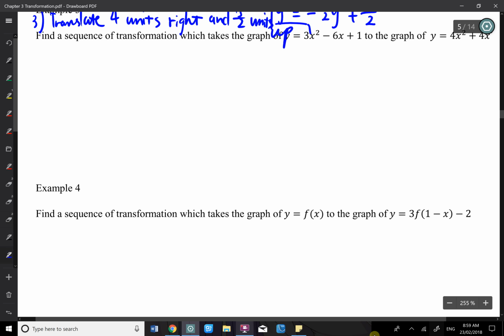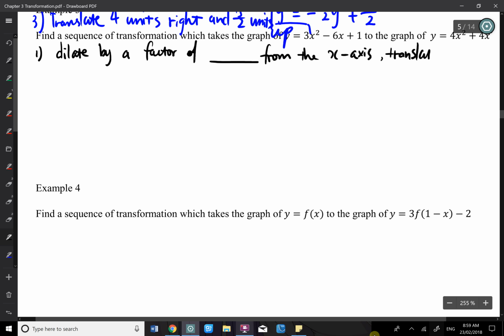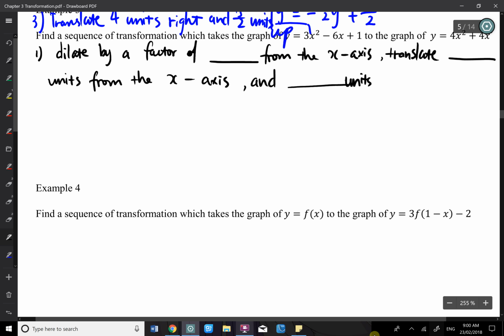Okay, I will again change the question a little bit. Dilate by a factor of what from the x-axis, and translate how many units from the x-axis and how many units from the y-axis.